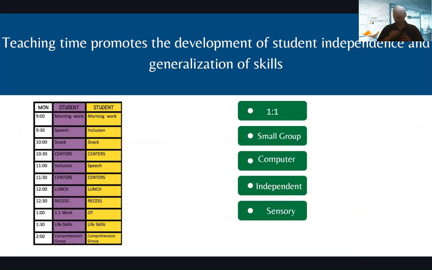I would have my paraprofessional do a small group, and then I would teach the students to sit on the computer and do an iReady or something they were able to do independently, but that was also a learning opportunity. Then in the independent center, I would have them do those work baskets that we discussed. And sensory was really a time for them to just honestly have a brain break. These were maybe 15-minute rotations or 15-minute centers.